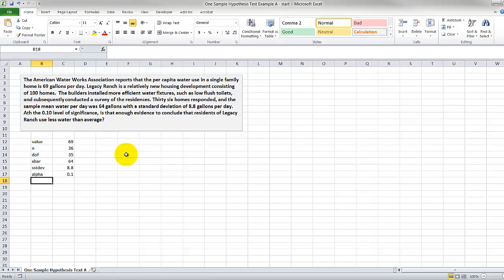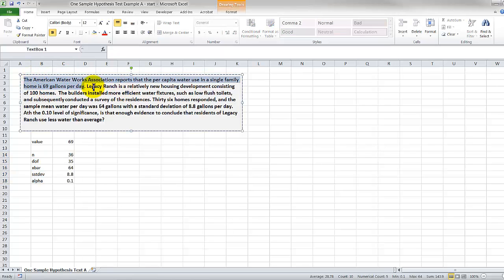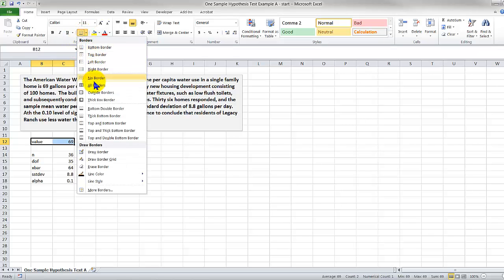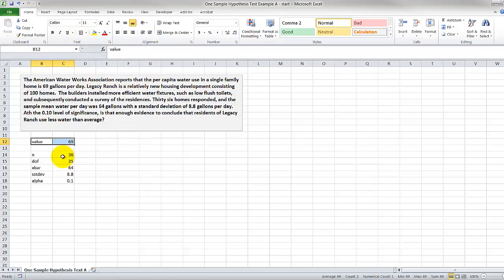Now, in terms of hypothesis testing, what we really are comparing is the sample information based on everything that we collected. The sample is everything under this value, and I know that's probably a little confusing. So if we separate out the information from the report, we're comparing the report to this ranch. So the value that we're comparing our sample to is this value of 69 gallons per day.